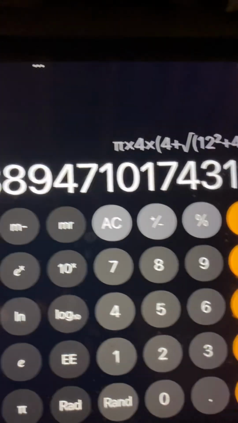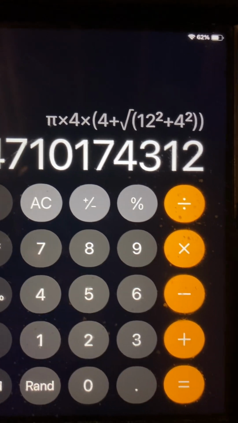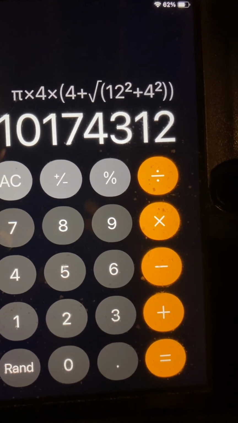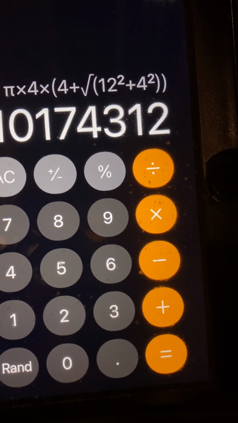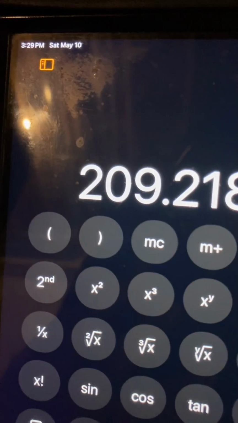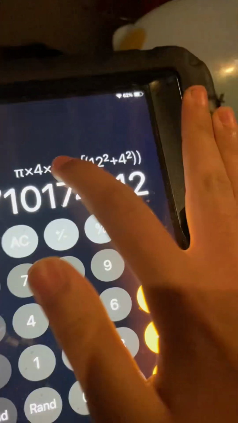So if you typed this formula in, then congratulations, because that's the right one. If you didn't, then that's okay. It's just that your answer may be a little high or low, depending on how and where you put the parentheses. Remember to put the parentheses in the right places.